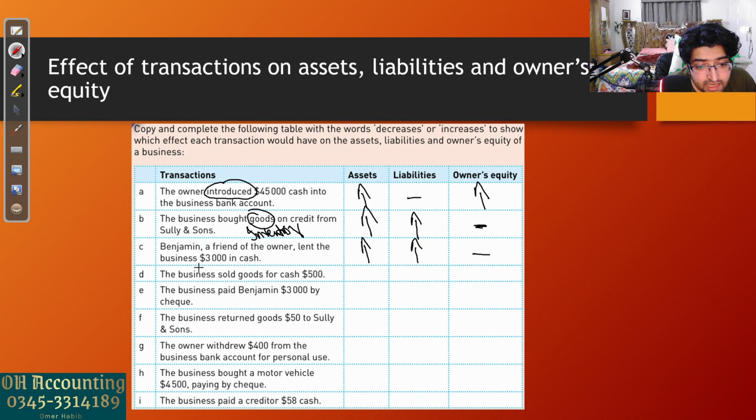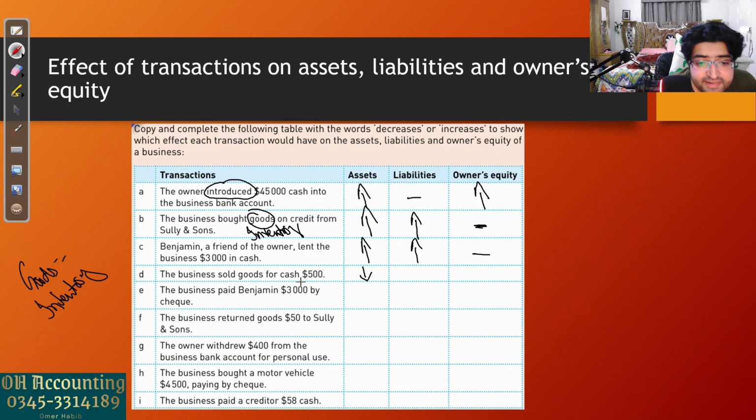Moving on to D. The business sold goods. I just told you goods is another name given to inventory. So don't worry about this. Inventory and goods are the same thing. So we are selling inventory for cash, $500. So inventory is going out of the business, which means inventory is decreasing in the business. So we will record it like this to show that assets are decreasing.